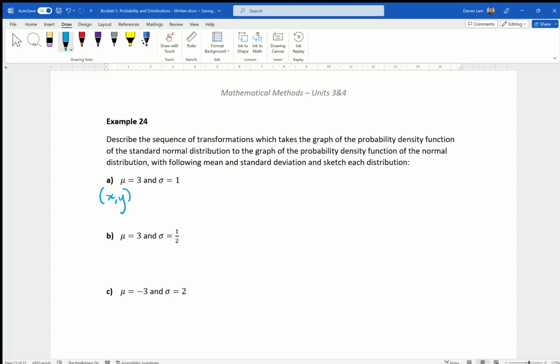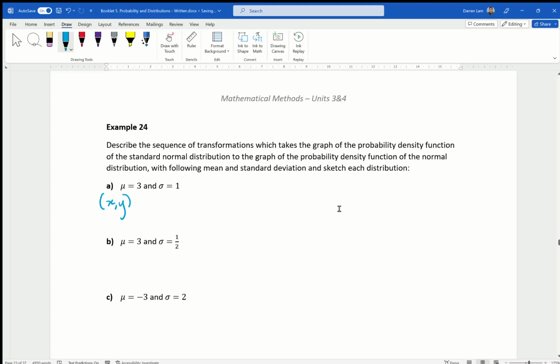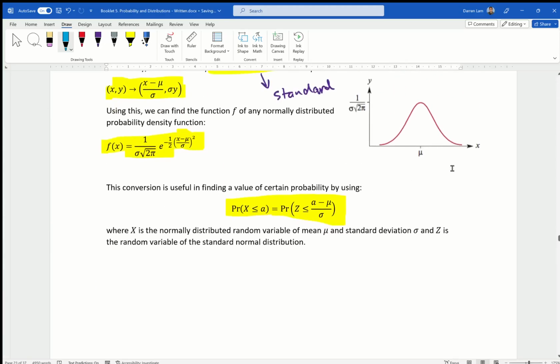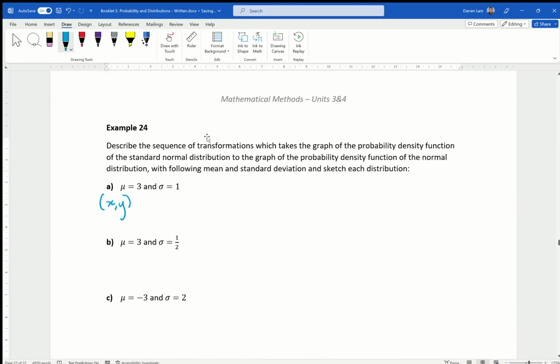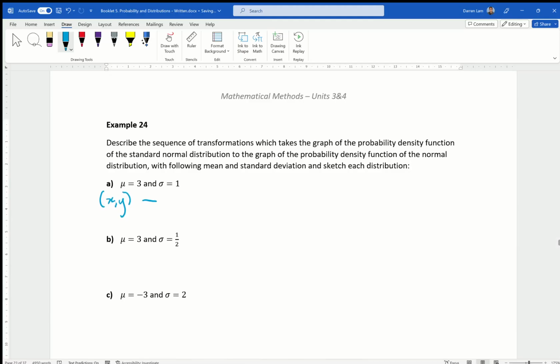Now, if we look at from standard to normal, standard to normal is this first formula up here. So we're going to multiply by sigma and then add the mu and divide the y by our sigma as well. So that becomes 1x plus 3, y over 1. Or in other words, x plus 3, y.